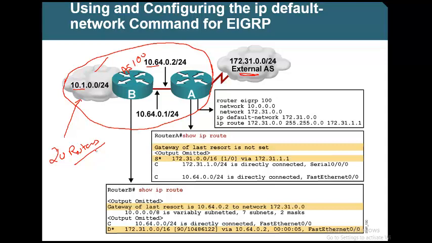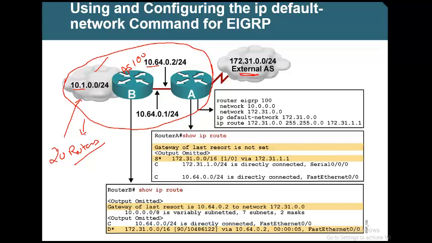In your routing table on B or A or any of these 20 routers, you won't see any detailed routes to go to Yahoo, Facebook, all that stuff. But you will be using something called what? Default route, right? We'll use a default route. Yes or no? Right.